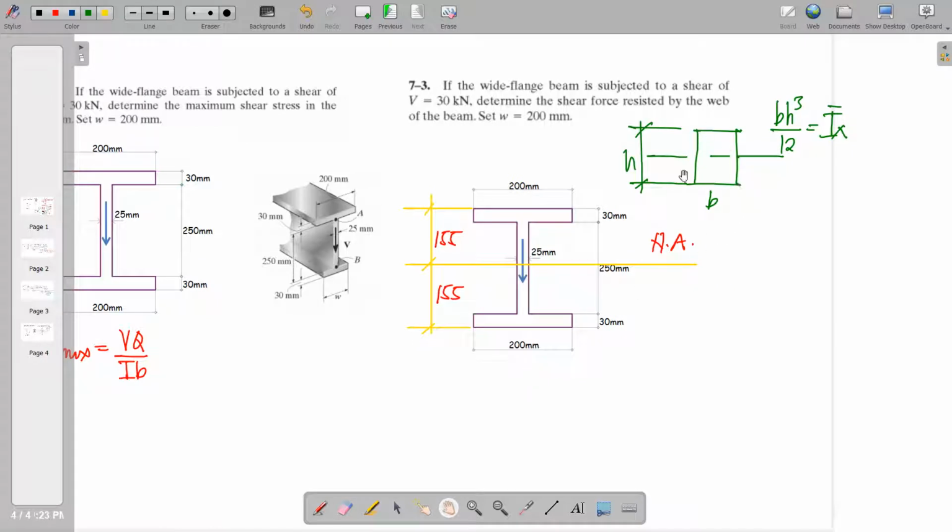So utilizing this formula, let us consider a rectangle having the whole depth and the whole height, and then we'll just have to deduct the two areas from that rectangle, from the larger rectangle to the smaller rectangle.